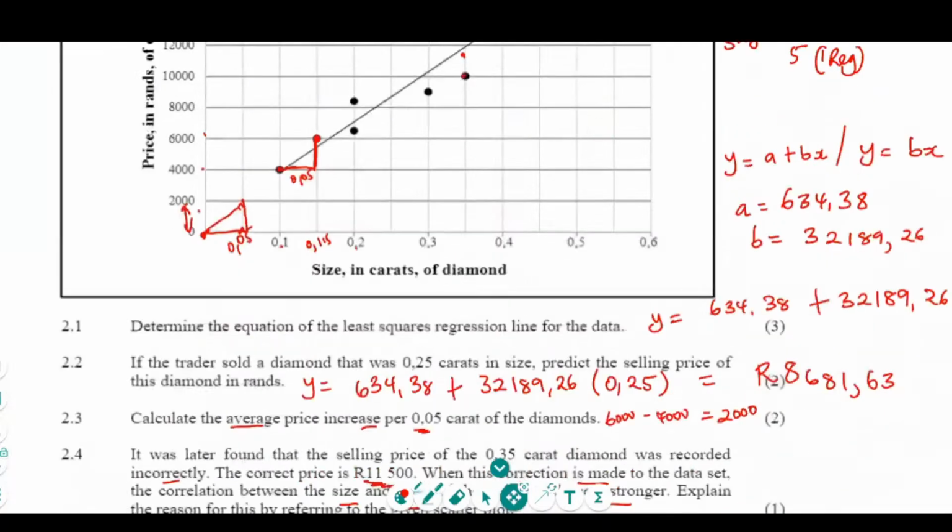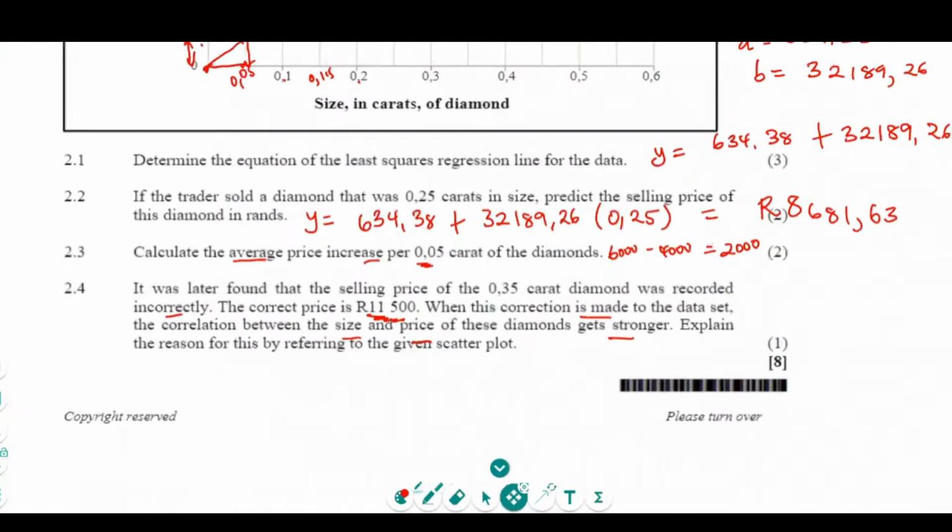So what we're going to say is that the point moved closer. Explain the reason for this by referring to the given scatter plot. So the correction just moves the point closer to the regression line.